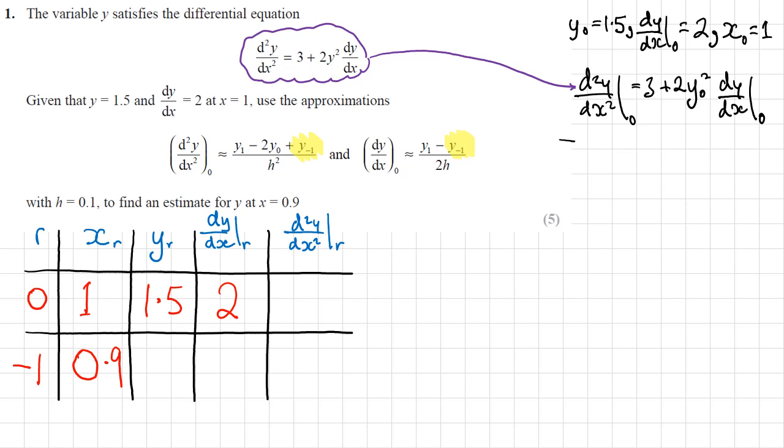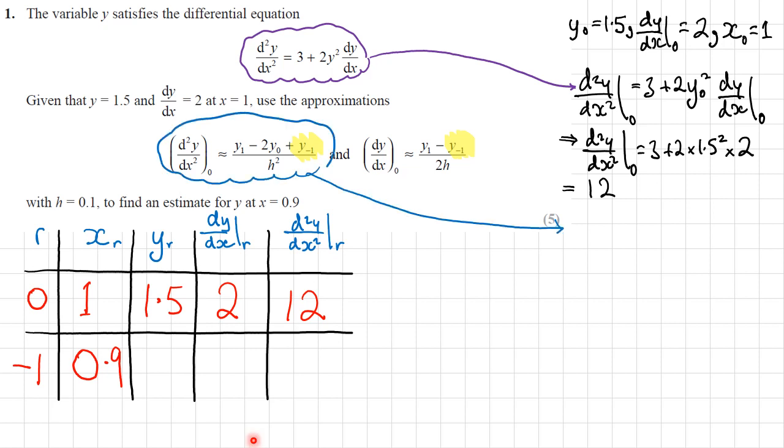So I can just substitute those values in. So d squared y over dx squared at 0 is going to be 3 plus 2 times y0 squared, so that's 1.5 squared, times by 2, that's my initial value for dy dx. If I work that out, what do I get? It gives me a value of 12, so that can go into my table.